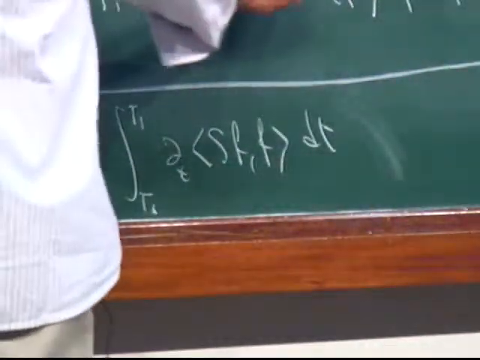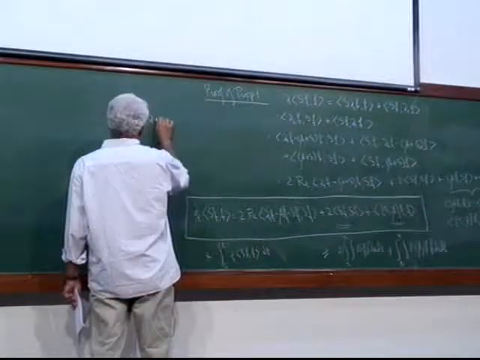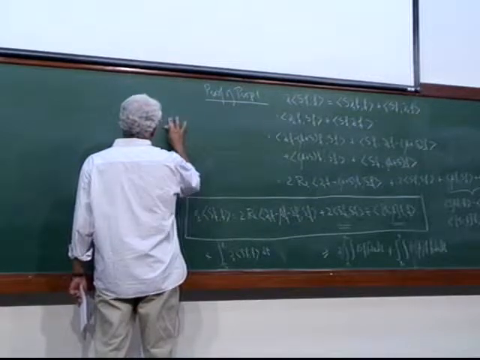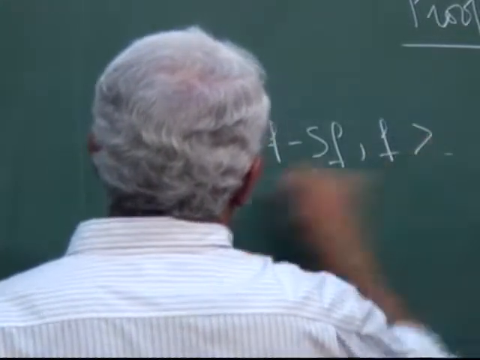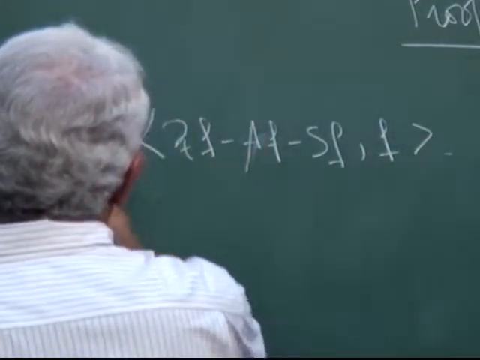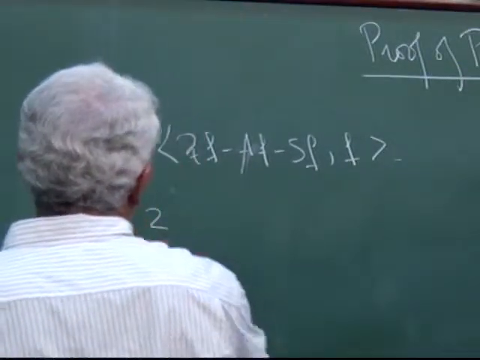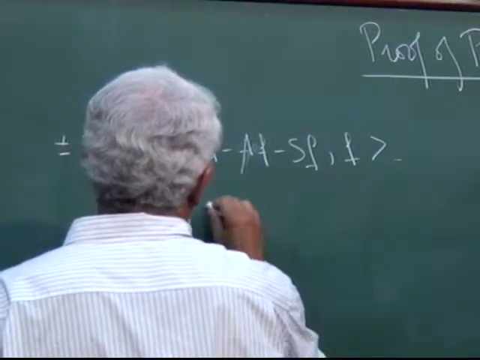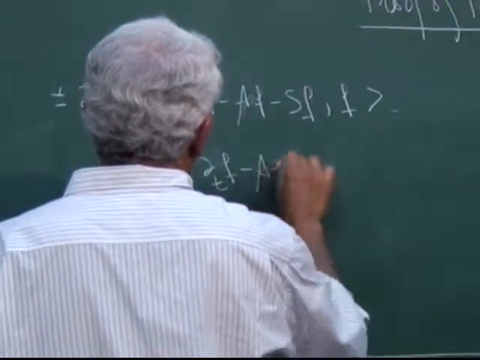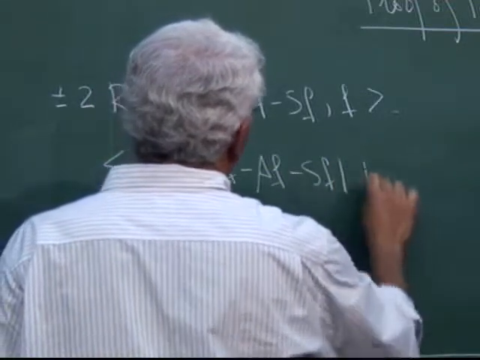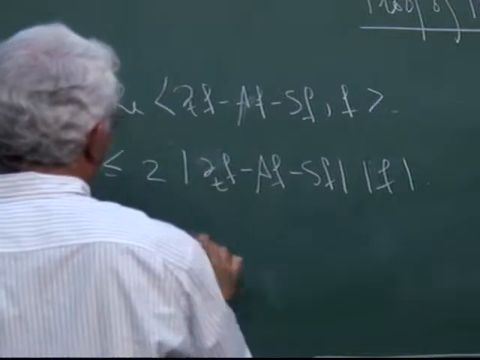Then I'm going to use that the real part of this twice is less than twice the absolute value, plus or minus, doesn't matter, is less than twice the norm of this guy, the norm of this guy, and this is less than twice this one.